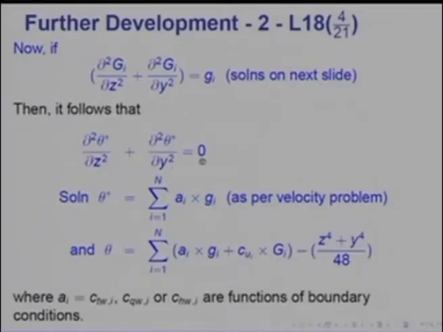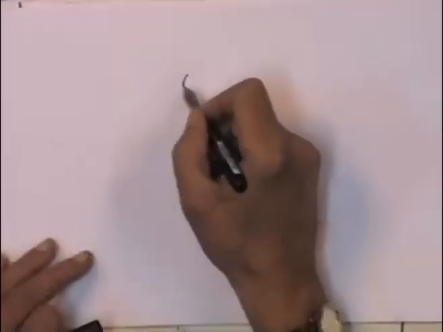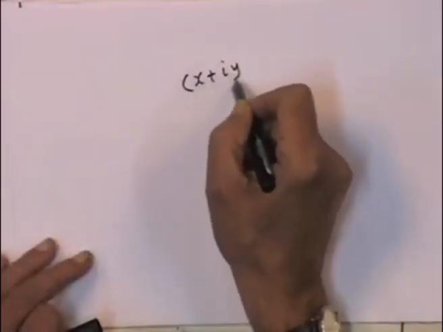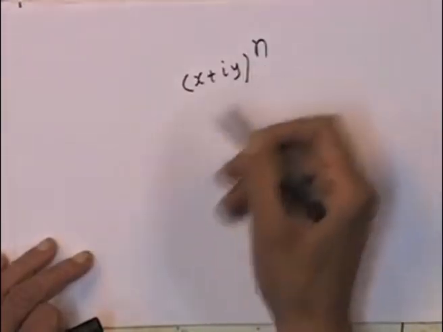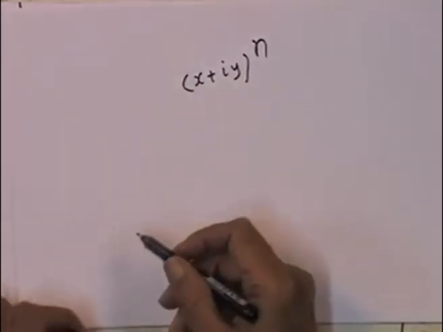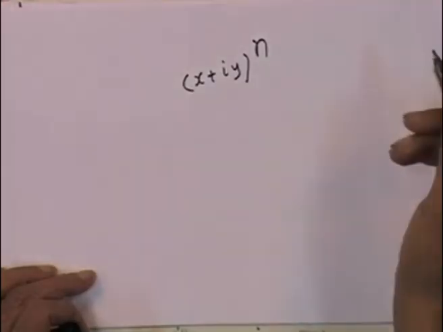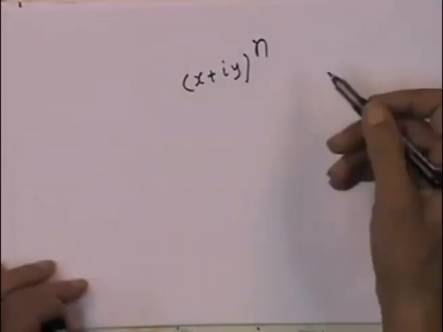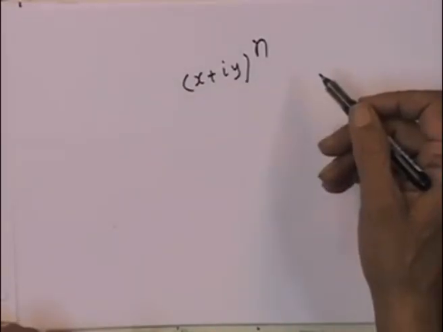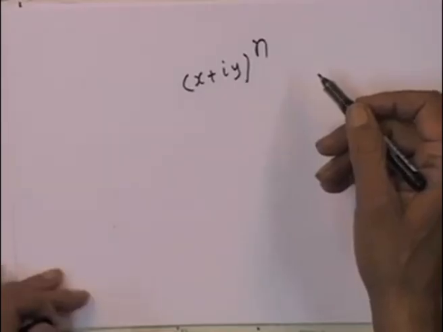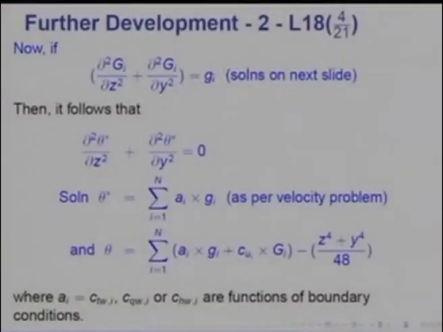Again I have a Laplace equation, and as you recall, the solutions of x plus i y raised to n are all solutions of the Laplace equation for n varying from 0, 1, 2, 3, 4 up to anything, and we had taken n equal to 8 in the velocity problem. We will stick to that and let us see what happens.